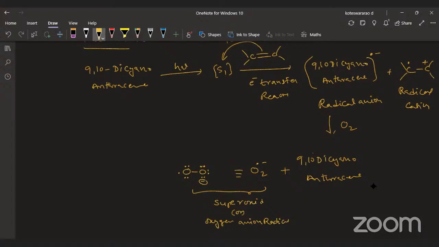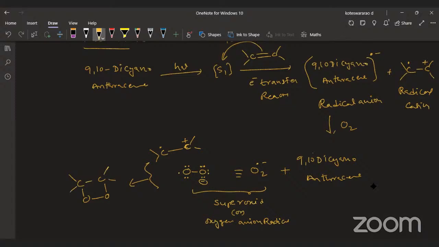Now this oxygen anion radical further interacts with this carbon radical cation, and combined together they lead to the formation of the compound.